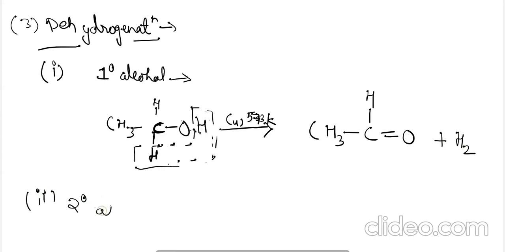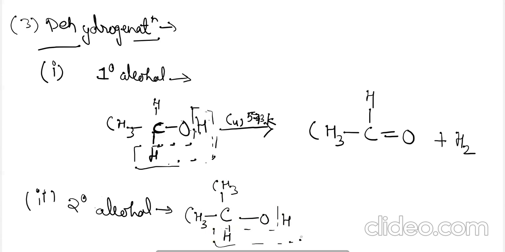For the secondary alcohol also, the dehydrogenation process will take place. Here (CH3)2CH-OH, removal of hydrogen takes place when vapors of the alcohol are passed over heated copper at 573 Kelvin temperature.